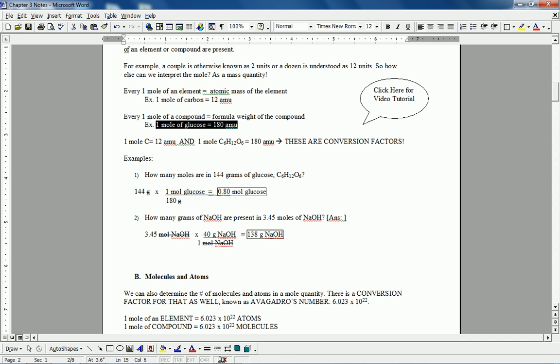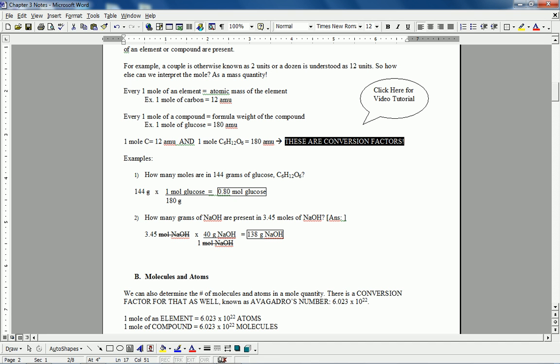So again, looking at a unit and value equaling another unit value is a conversion factor, just like grams to kilograms, centimeters to inches. It is no different. 1 mole of carbon is 12 AMUs or grams, or 1 mole of glucose is 180 AMUs, or grams, is simply a conversion factor, and we can use dimensional analysis to convert between grams or AMUs and moles.